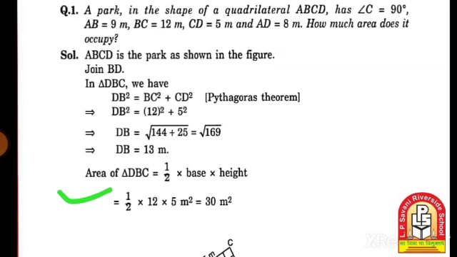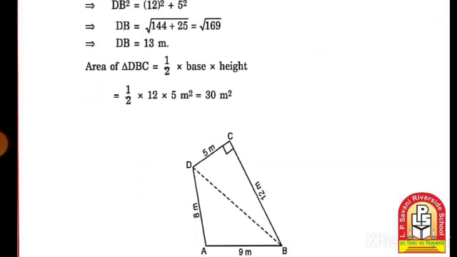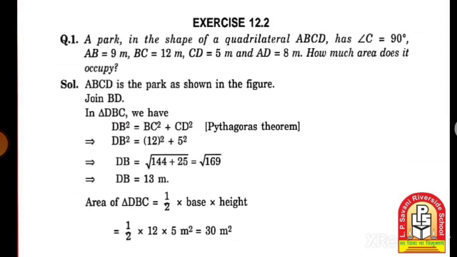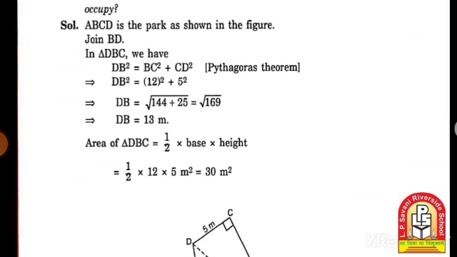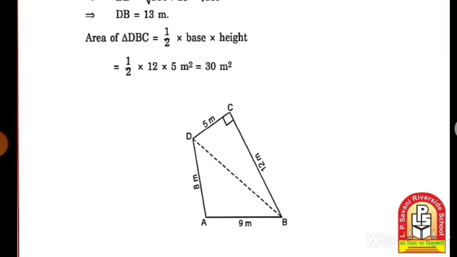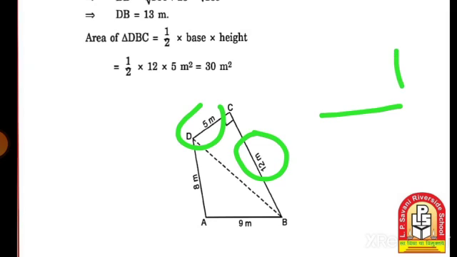So the area of triangle DBC is 1 by 2 multiplied by base multiplied by height. Put the values: here you can see that the base is 12 and the height of that triangle DBC is 5 meter. I said base and height because we can draw the triangle like this.